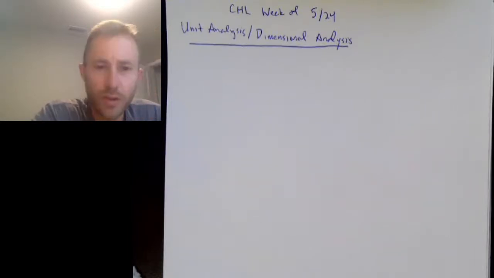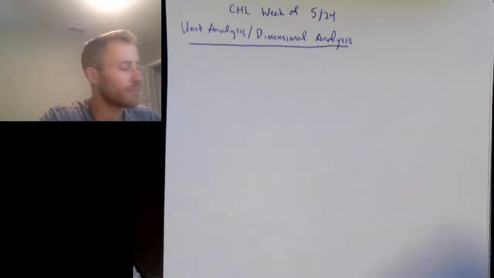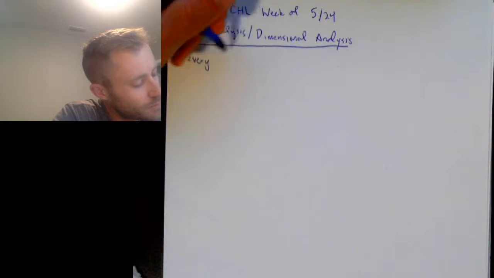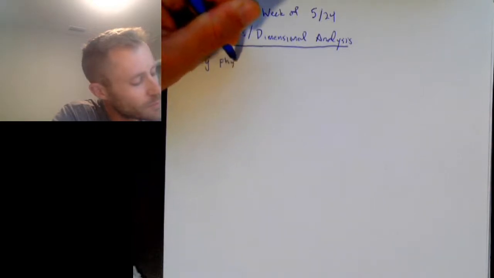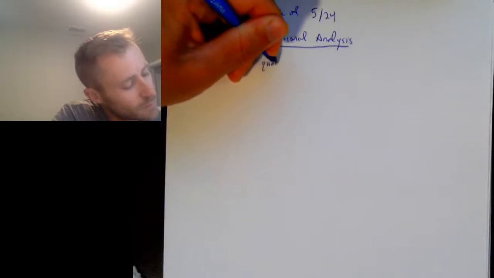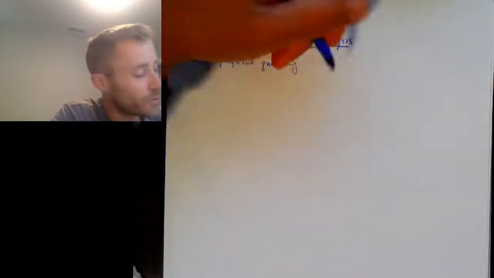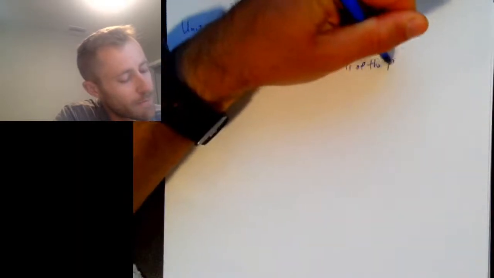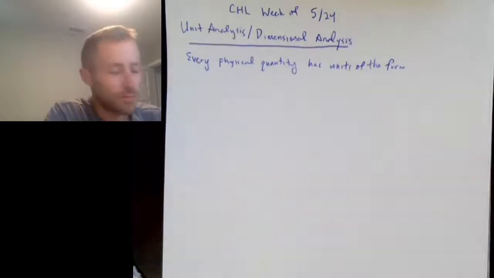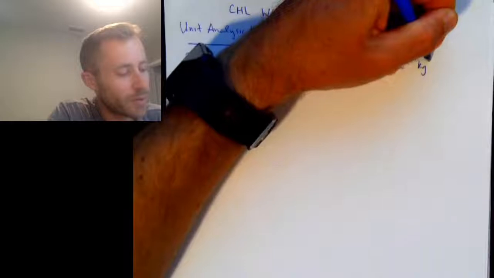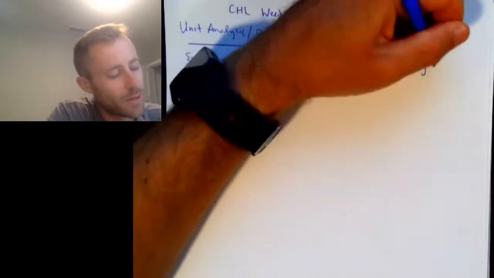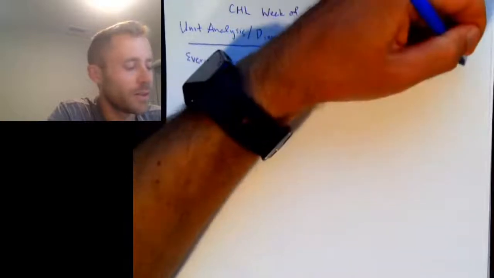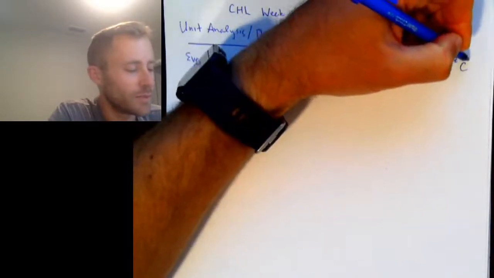So the first thing I wanted to talk about is that every physical quantity has units of the form kilograms to the x power, meters to the y power, seconds to the z power, and coulombs to the, I'll say, a power.